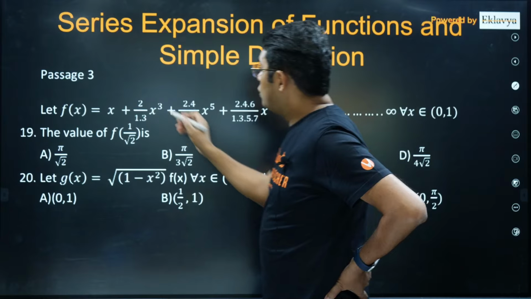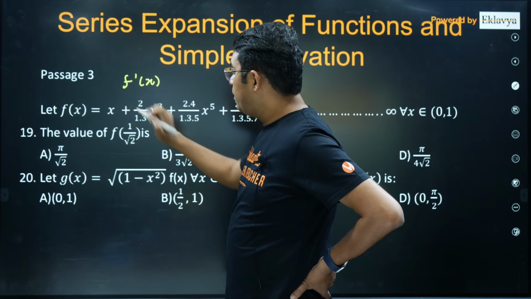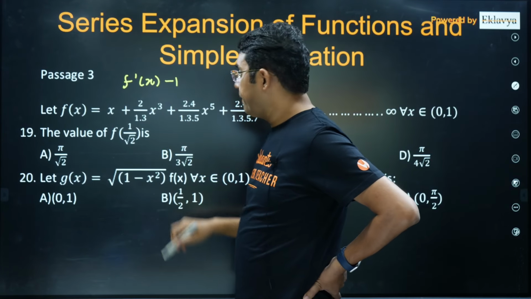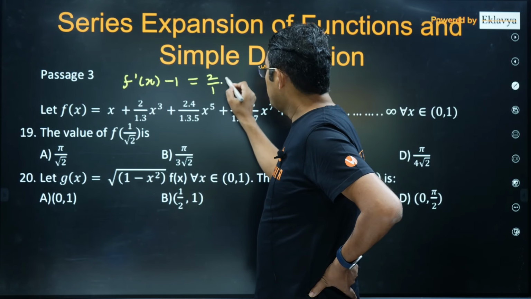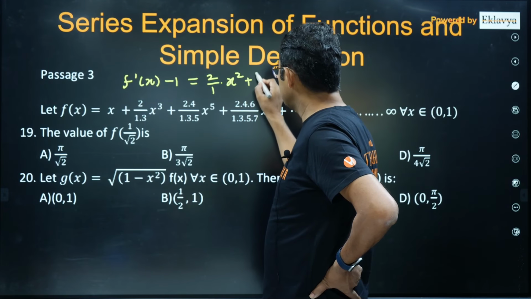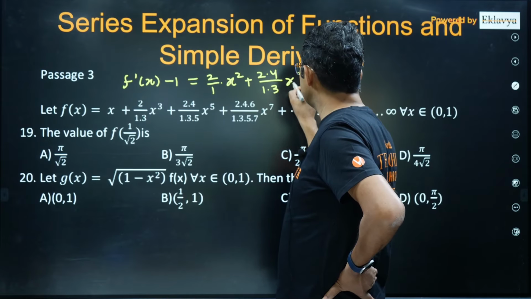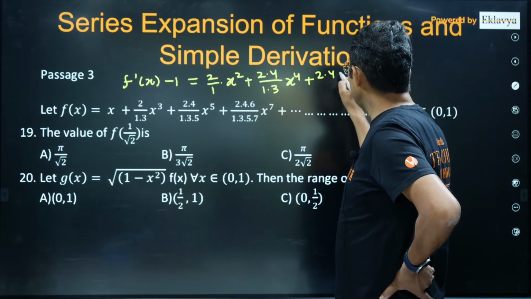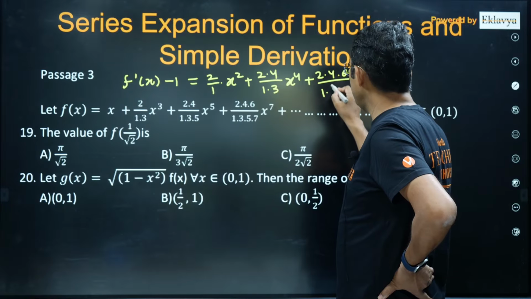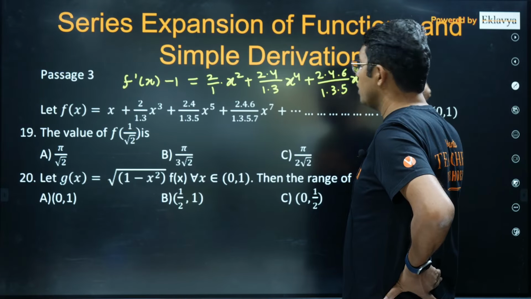Okay, so I think I can write it as, where is my pen? Yeah, so here it will be f dash x, this will be 1, I am bringing it here, this will be equal to 2 upon 1 into x square plus 2 into 4 upon 1 into 3 x power 4 plus 2 into 4 into 6 upon 1 into 3 into 5 into x power 6 and so on.